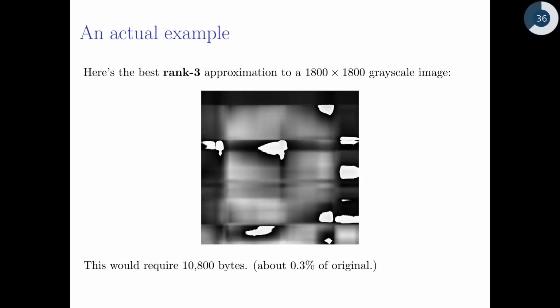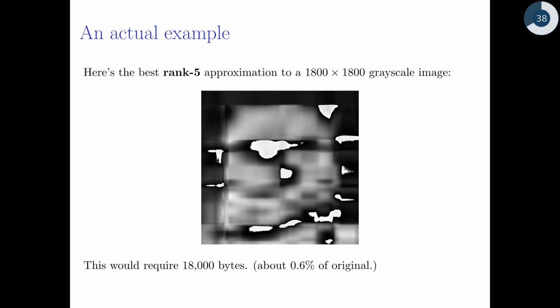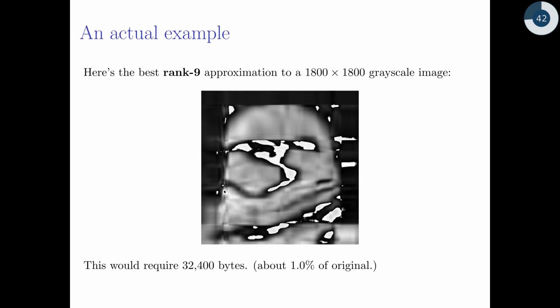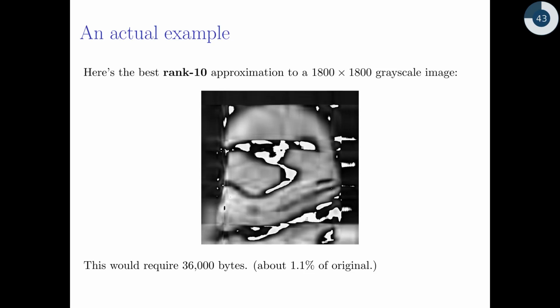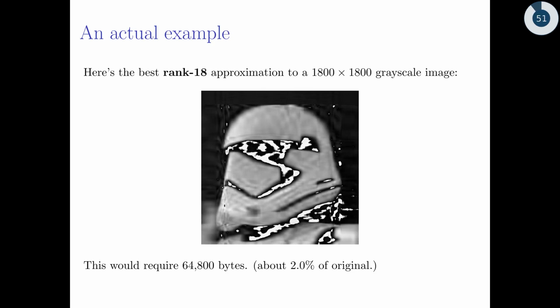Here's the best rank 3, best rank 4, best rank 5, 6, 7, I bet some of you have got it now, 8, 9, 10, 11, we've just passed about the 1% mark, 12, 13, 14, 15, 16, 17, 18, 19, 20.